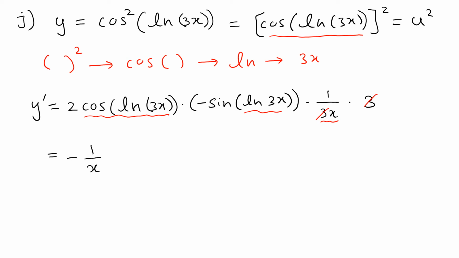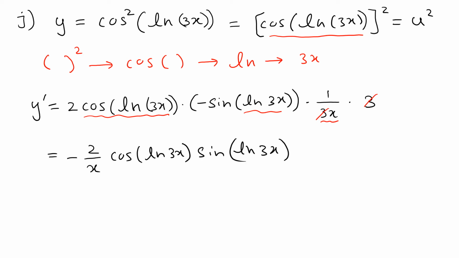And then you can see there is a 2 here. So that means you can write the 2 here. So 2, and then sine. So what you have is cosine ln 3x, and then we have sine ln 3x.